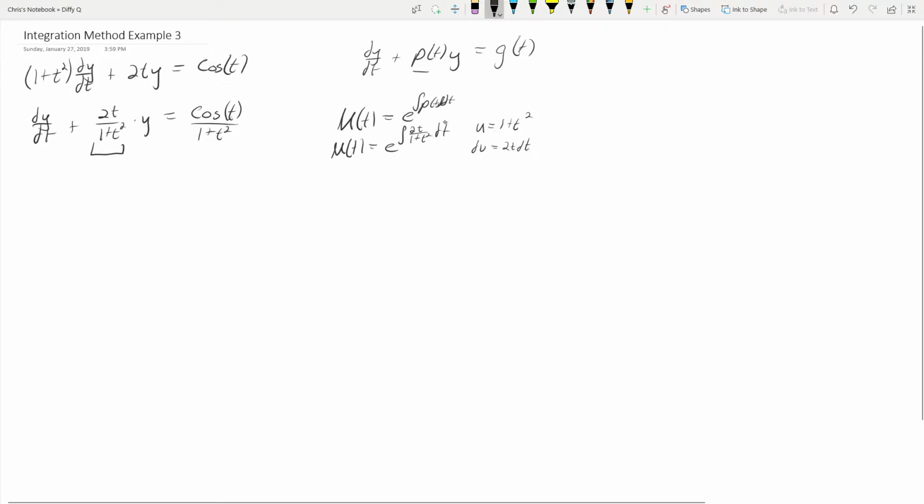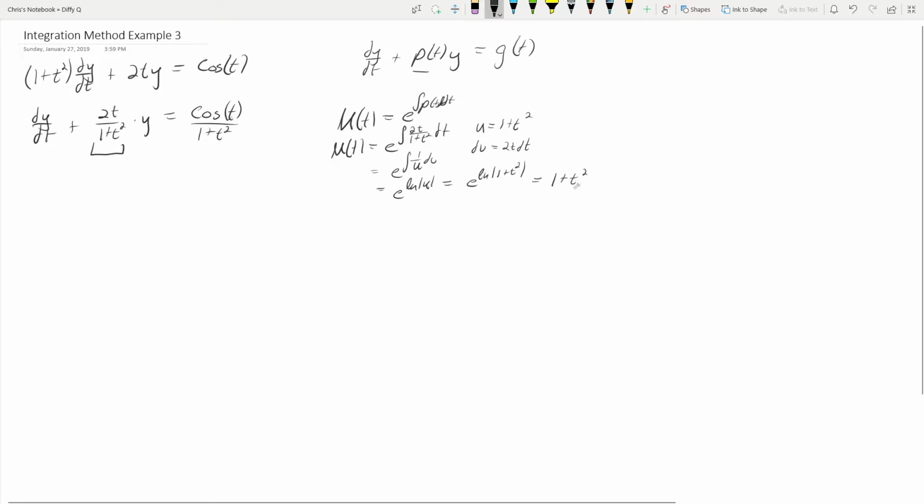And we're going to substitute, which is going to give us e to the integral of 1 over u du, which is then going to give us e to the ln of u, which is e to the ln of 1 plus t squared, which is equal to 1 plus t squared.